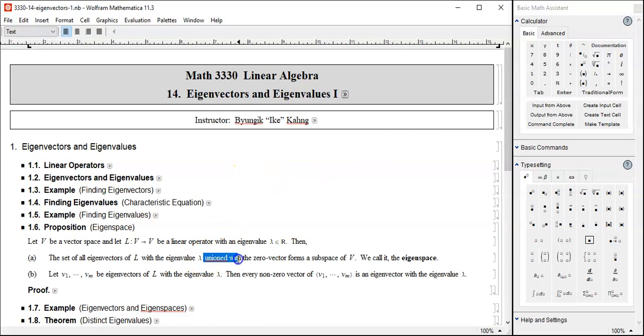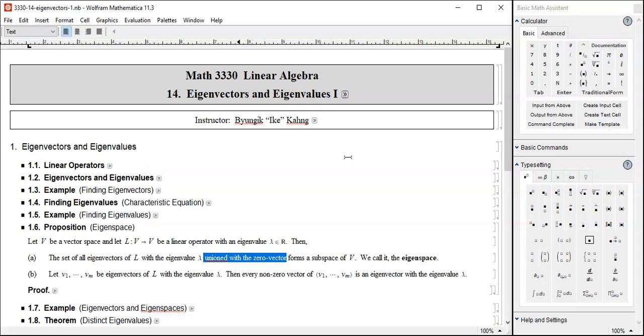Now, the union with the zero vector is kind of strange, but it is necessary because according to our textbook author's convention, an eigenvector cannot be a zero vector, but every subspace needs a zero vector, so we artificially take a union.